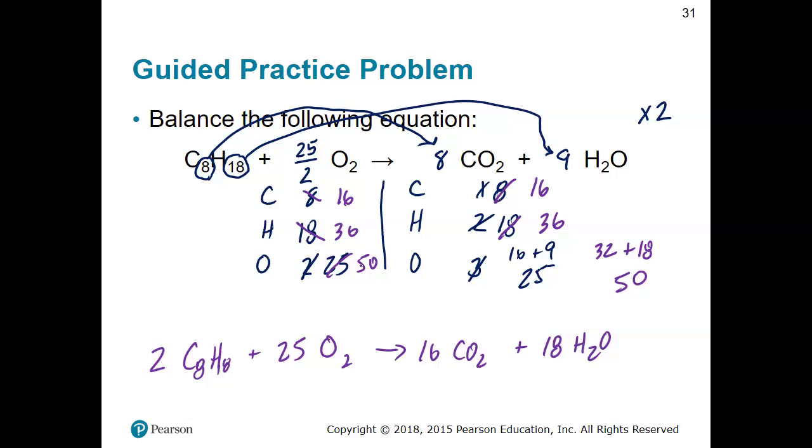So is this balanced? Well, I have 16 carbons on each side. I've got 36 hydrogens on each side. I've got 50 oxygens on each side. Yeah, it's balanced. Everything is matched up equally. And that's ultimately what we are looking for. Are we matching things up equally?